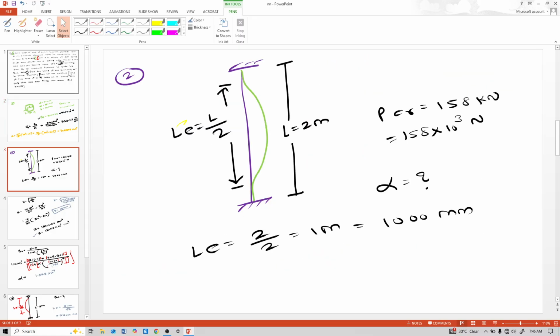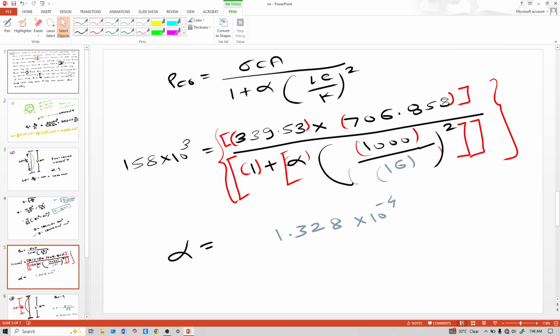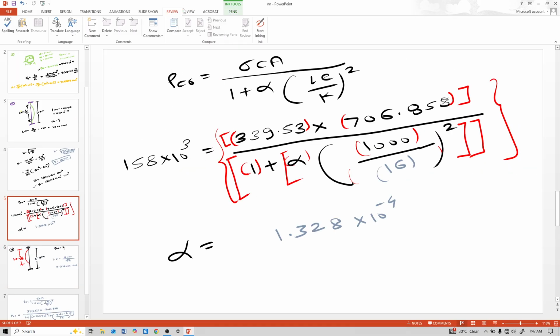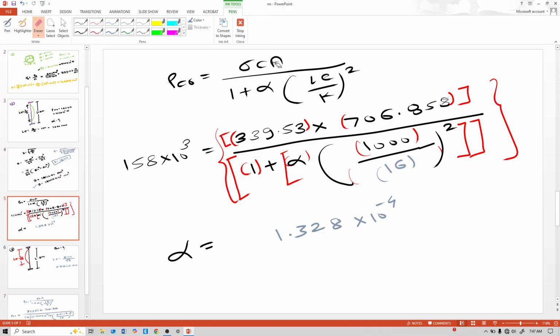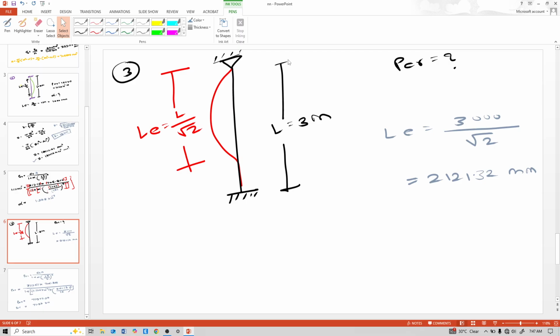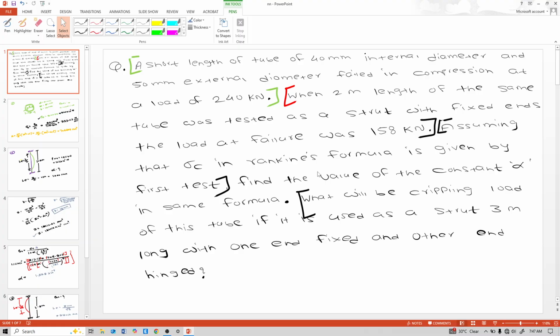Stress is load upon area, the boundary condition is both ends fixed, effective length is actual length by 2, then Rankine's formula. Here there is multiplication between sigma C and A. So that way our numerical completes. Thank you very much.